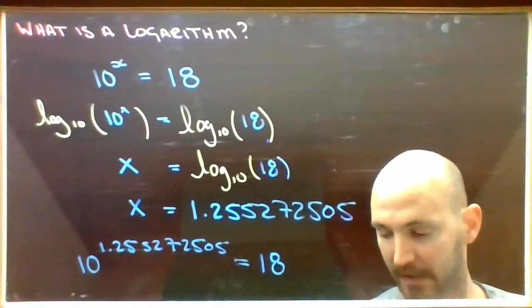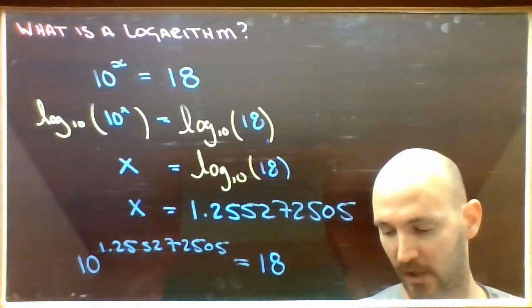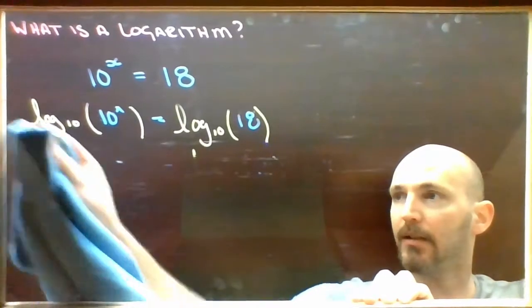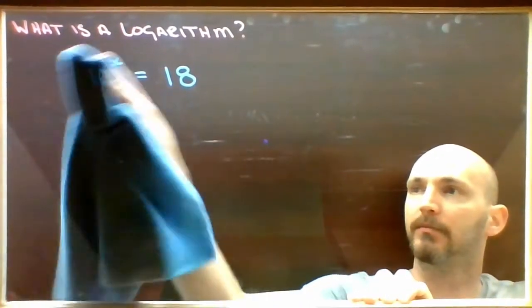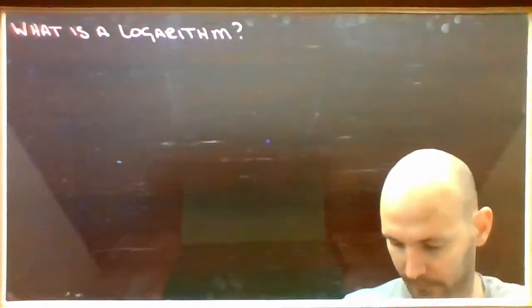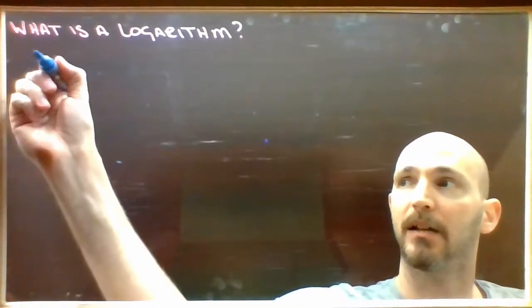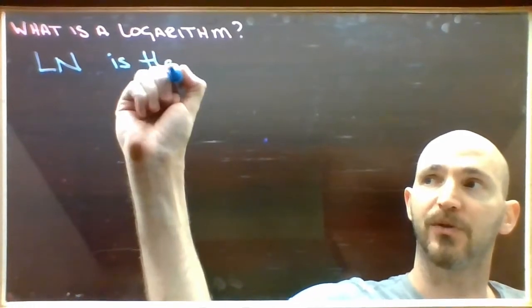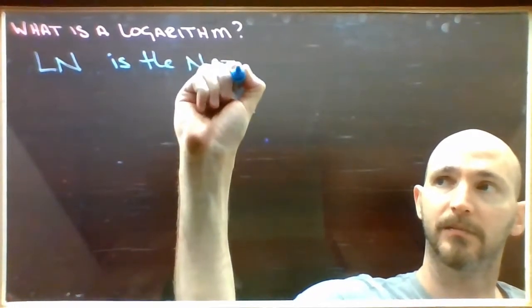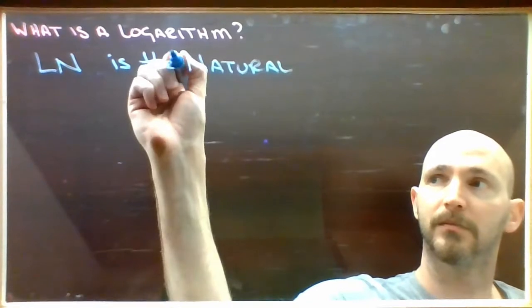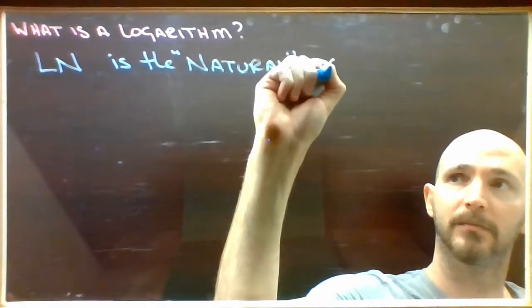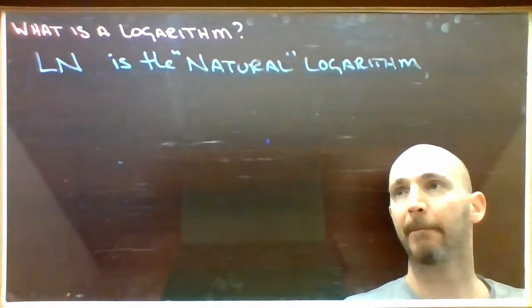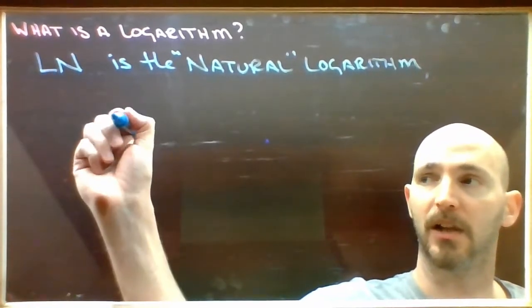There is another button on your calculator that you can use to solve exponentials, and that's the one that says ln. So ln is the natural logarithm, and it is a log.